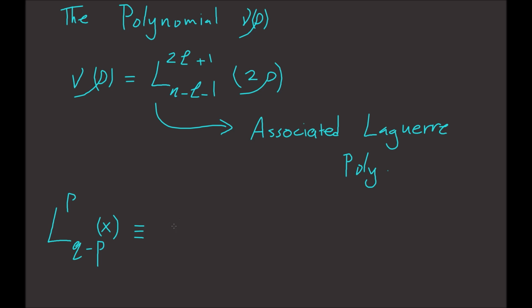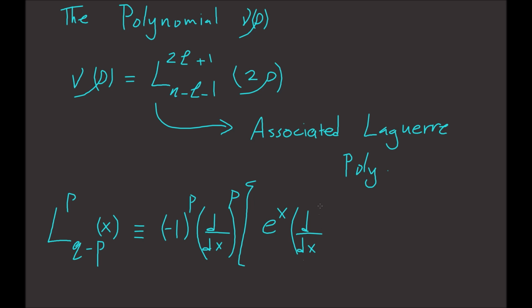It is defined as minus 1 to the p power times the p derivative with respect to x of e to the x times another derivative, the q derivative, of e to the minus x times x to the q power.